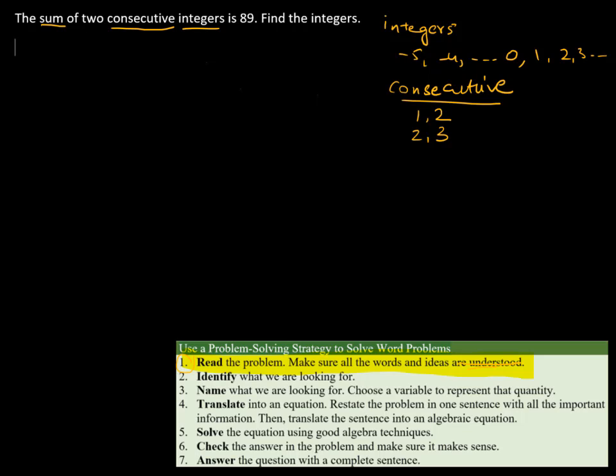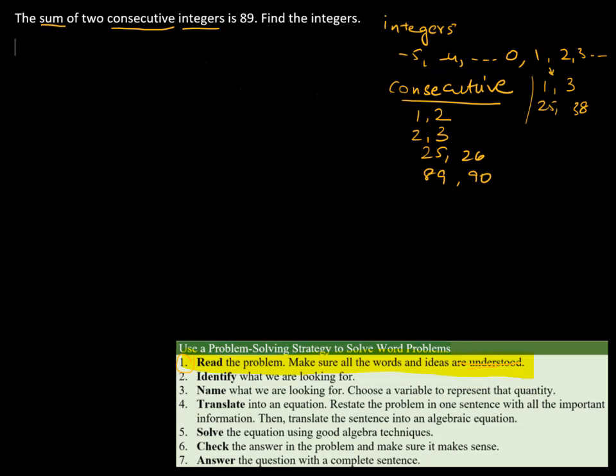Let's take an example when the numbers are not consecutive. Let's say 1 and 3. These are not, because we are skipping a number in between them. For example, 25 and 38 are not consecutive, right? The numbers that are next to each other: 1, 2; 2, 3; 25, 26; 89, 90.